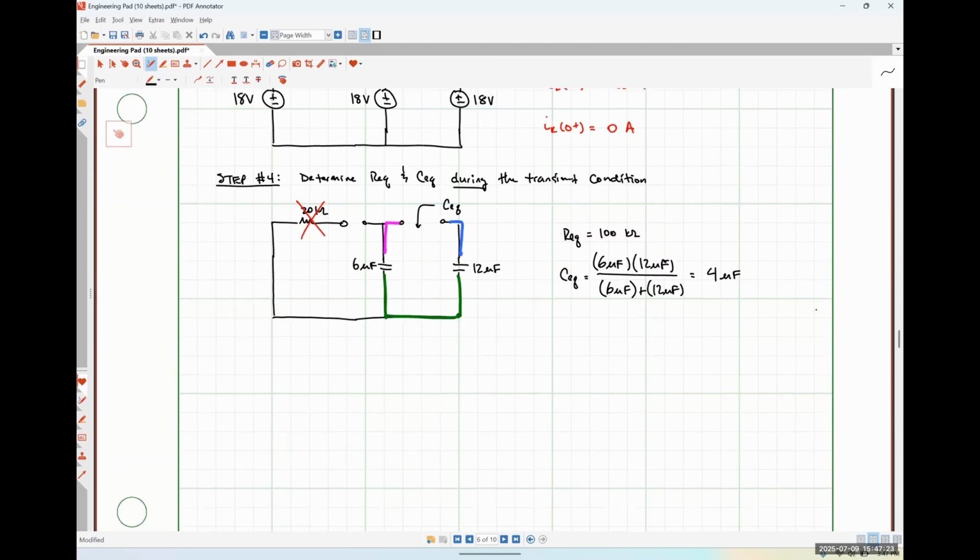So now, just for the hell of it, I'm going to have 1 over REQ times CEQ is going to look like 1 over, so let's do 100 times 10 to the 3 ohms. Let's see, so that's 4 times 10 to the minus 6. A farad is an amp second per volt, or a second per ohm.